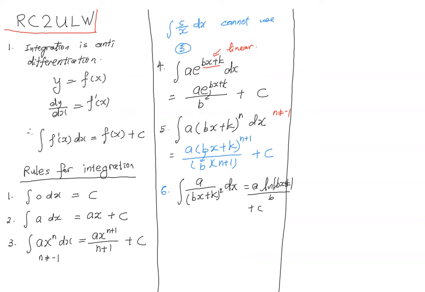Still remember your trigo? If you integrate a sin, the angle must be linear also. What do you get? You integrate sin, you get negative cos.